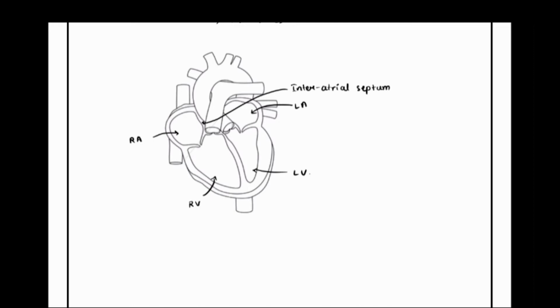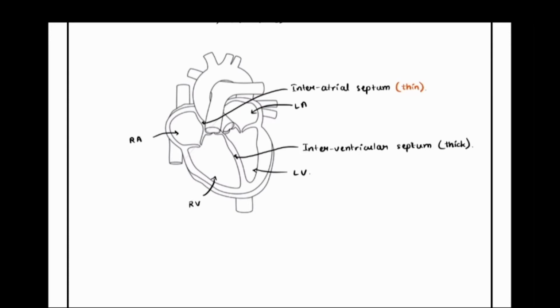Now, the interatrial septum is a thin septum, and we're going to talk about why it is thin. The interventricular septum that you can see over here is comparatively thick.